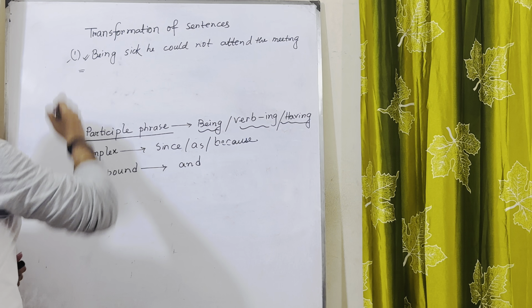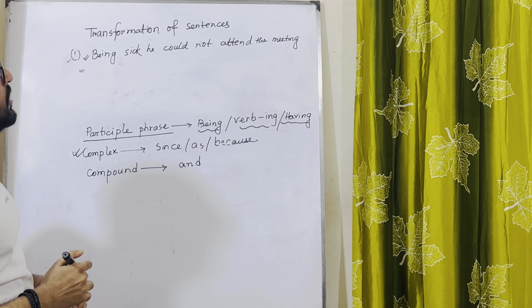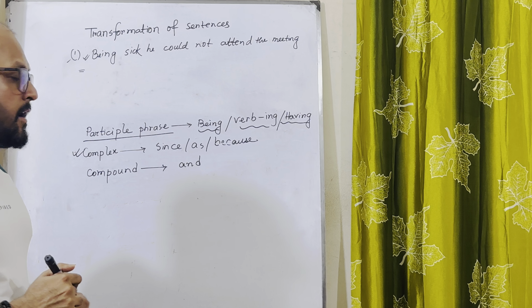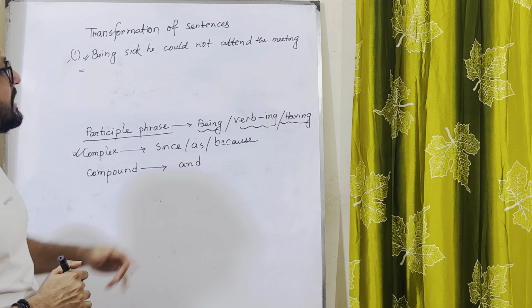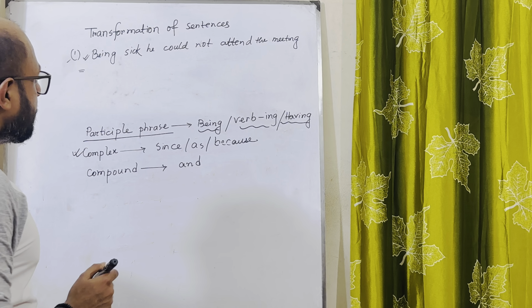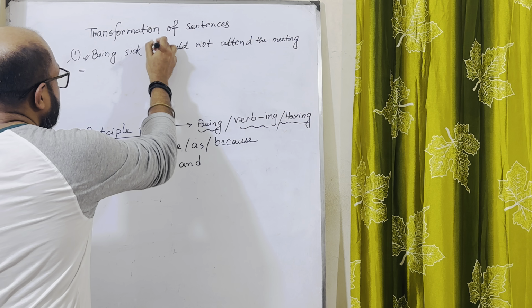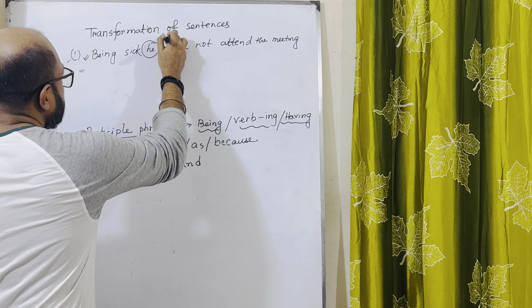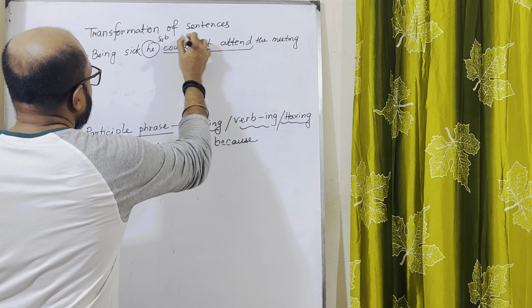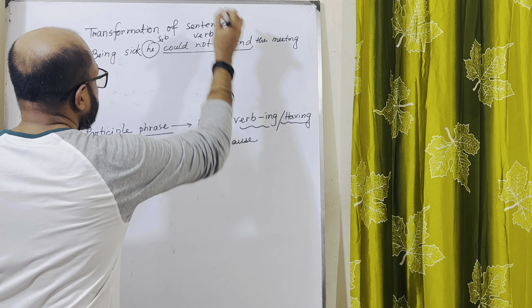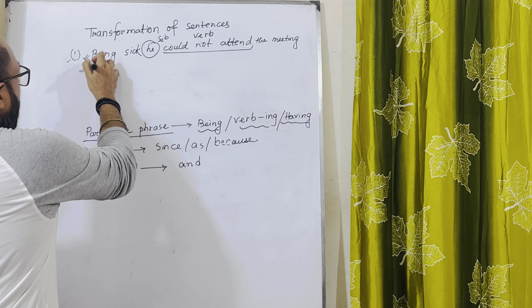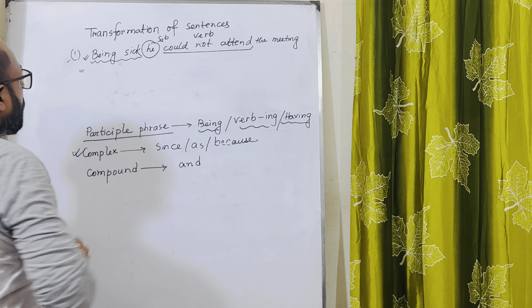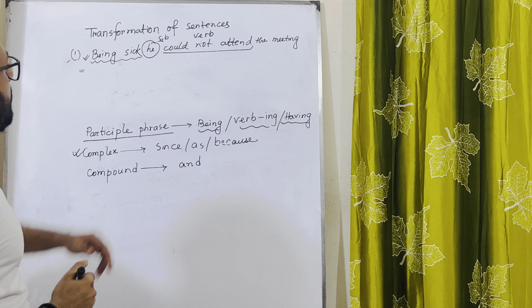So let's go to the sentence. The sentence is, being sick, he could not attend the meeting. In this sentence, he is the subject, and could not attend is the verb. At the beginning of the sentence, we used being sick.